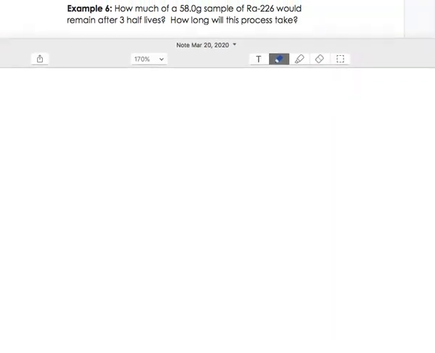All right, so it says how much of a 58-gram sample of radium-226 will remain after 3 half-lives? How long will the process take? So we have 58 grams and we start off with that much, right? So the half-life is 0.